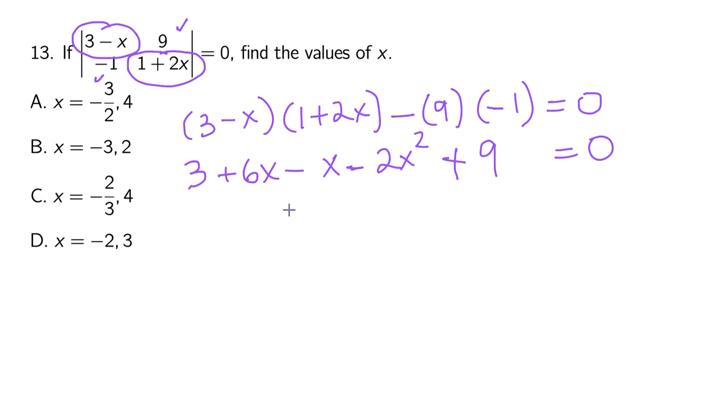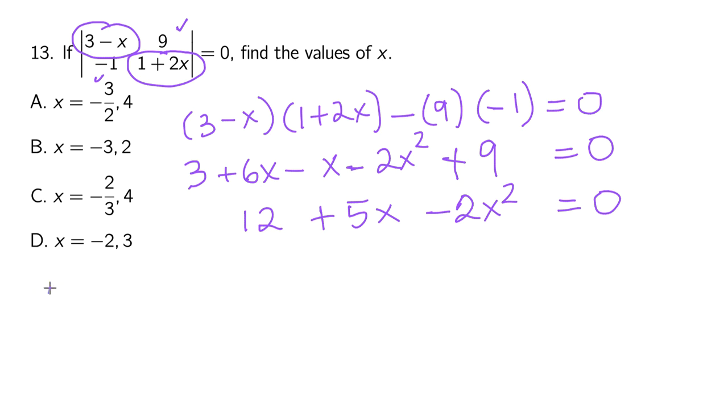We have a quadratic. The constant term is going to be 3 plus 9, which is 12. We have 6x minus x, that's 5x. And then we have minus 2x squared. So this is equal to 0. And we have to factorize this expression.